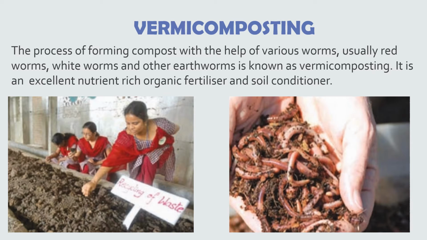Students, it is important for us to segregate, means separate, biodegradable and non-biodegradable waste and dispose them in an environment-friendly way. The kitchen waste can be put in a pit dug in the garden, which is then covered with soil and dry leaves.